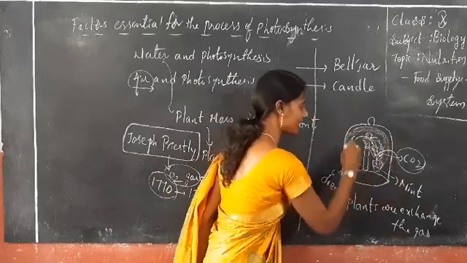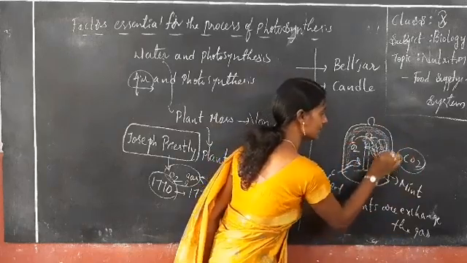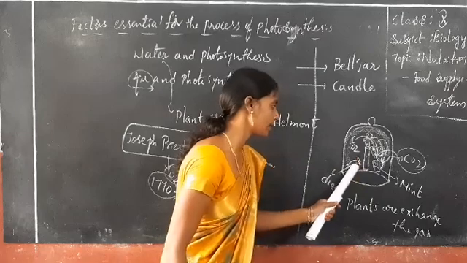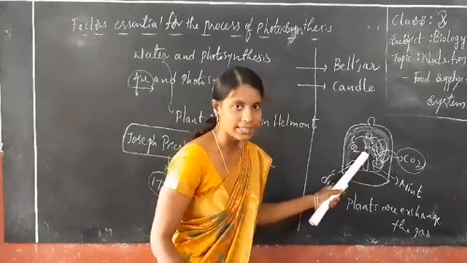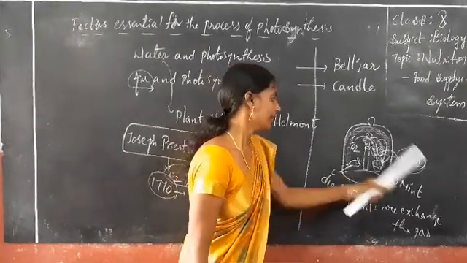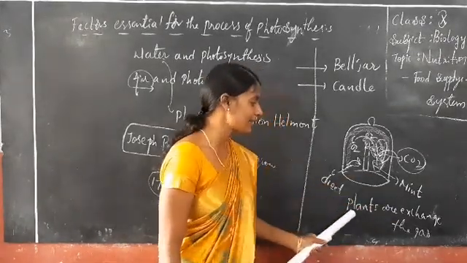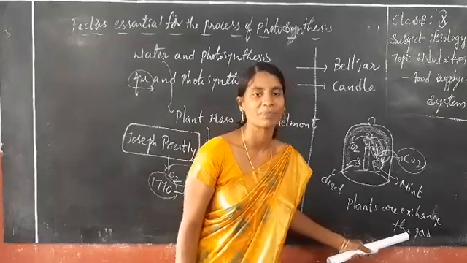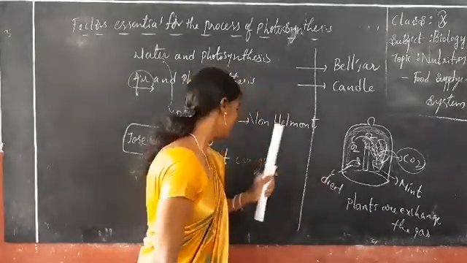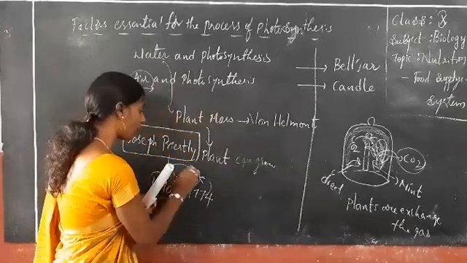So oxygen is given out and carbon dioxide is taken in. Clear, all of you? Oxygen is given to the rat as well as the candle. That's why it stays alive. So what he observed is that plants exchange gases with the atmosphere. This is the main thing he observed, and then he observed oxygen gas.